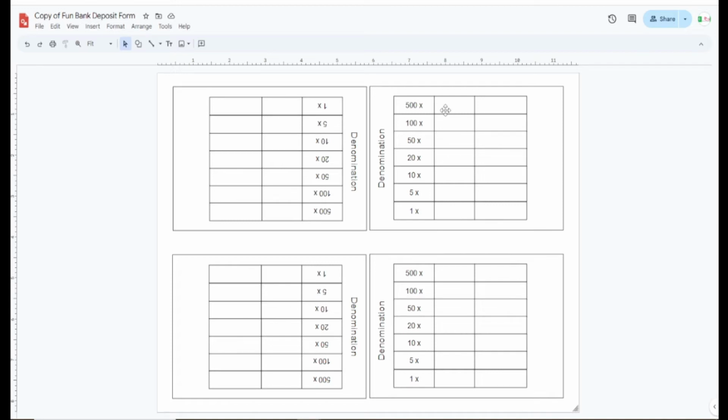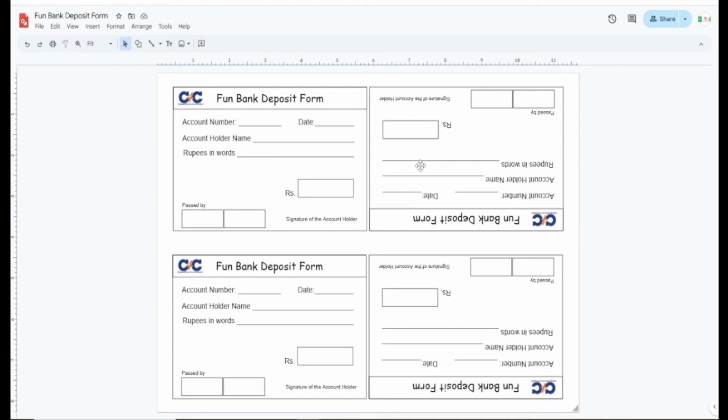How many 500s they are depositing, how many hundreds they are depositing. For each of these, they need to write the denominations. Multiplying and adding all of these gives the sum here, right?